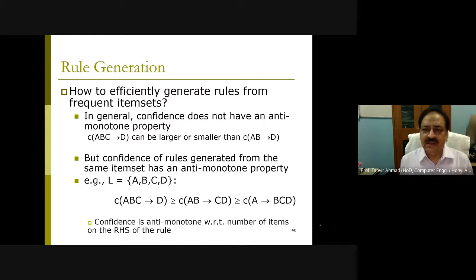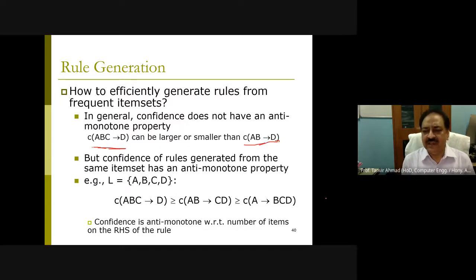You remember the anti-monotone property is that the superset of any frequent item set will not have support greater than its subset. Whereas confidence does not have this anti-monotone property. It means that the confidence of this rule can be larger or smaller than this rule.